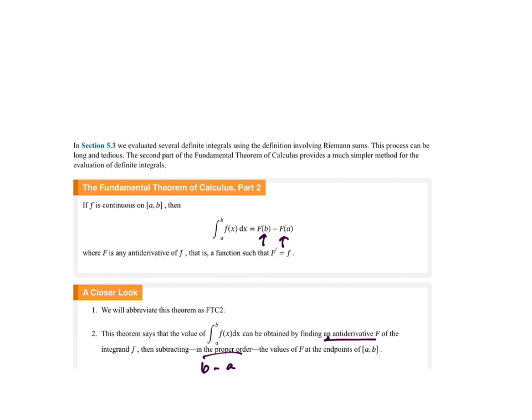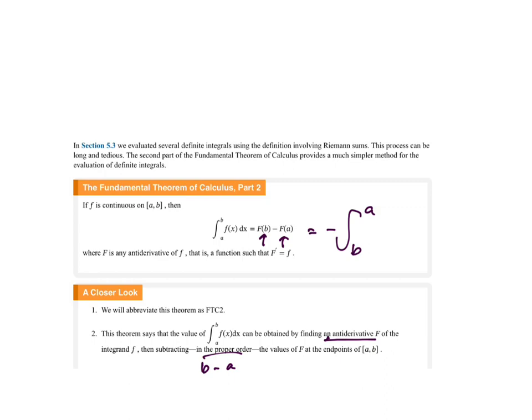So we always want to do f of b minus f of a. Remember that this integral is equal to the negative integral from b to a. So in the event that we flipped it, we're going to get an opposite sign. So we always want to make sure that we're subtracting antiderivative of the big one minus antiderivative of the little one. Is that making sense to you guys?